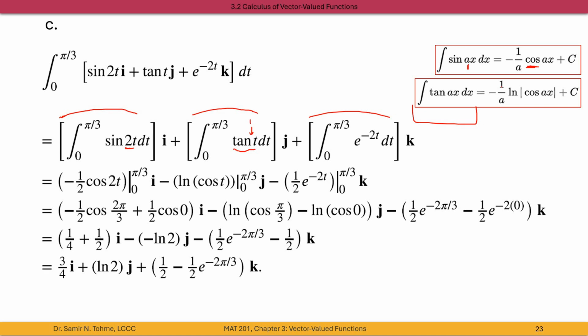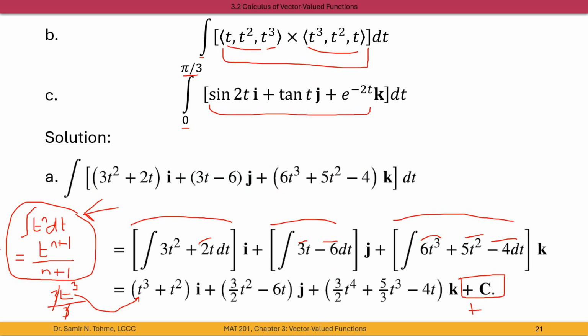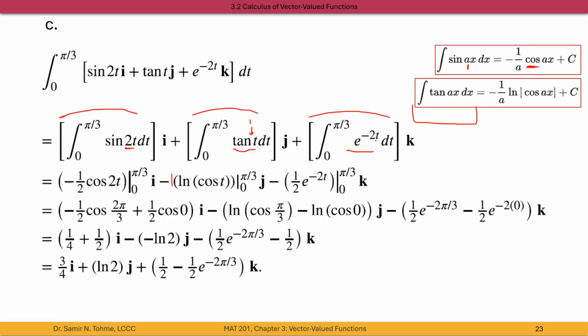So we will have 1 divided by 1, which is 1. So we will have minus 1 times ln cosine t. And lastly, you know how to integrate a variable with a power, and the integration of e to the power of minus t is minus e to the power of minus t.